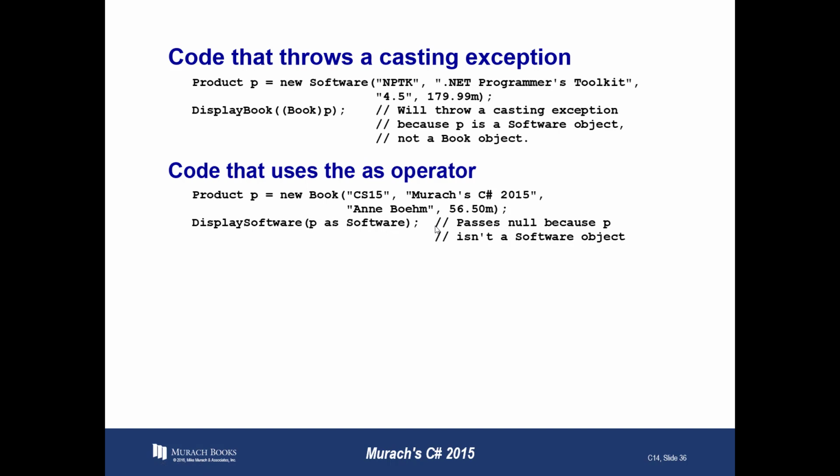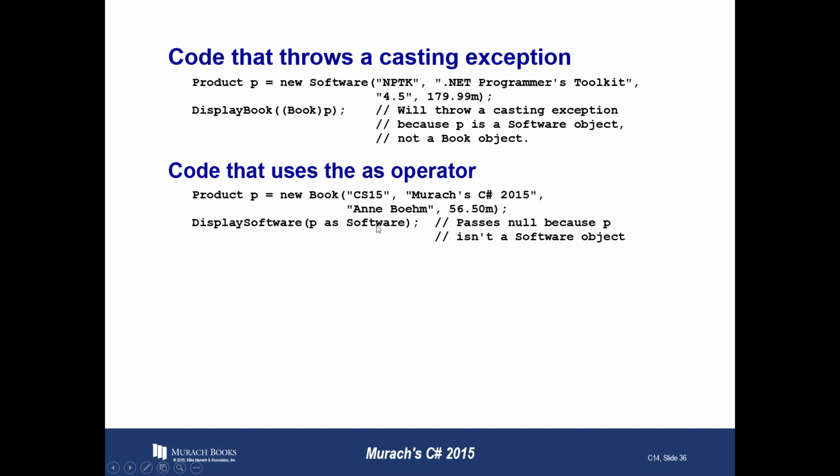Notice casting exceptions. Yeah, it's possible. Why? Because this is a software object, but we're trying to cast it mistakenly as a book object. All right, so if you want to do it like that, and I don't know why you'd want to, but you would say, instead of casting it, P as software.